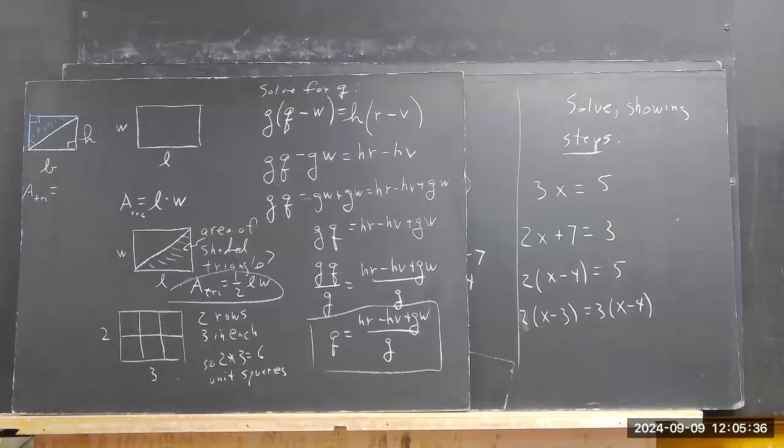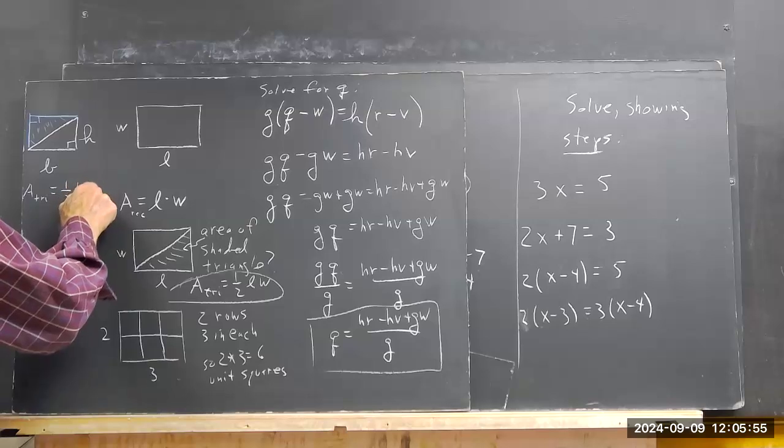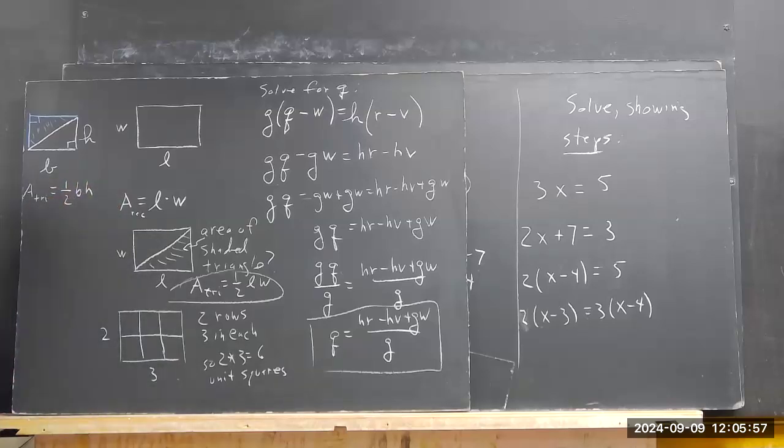Okay, it's also got dimensions B by H, right? So this triangle is half of this rectangle. Got to be 1/2 B times H.